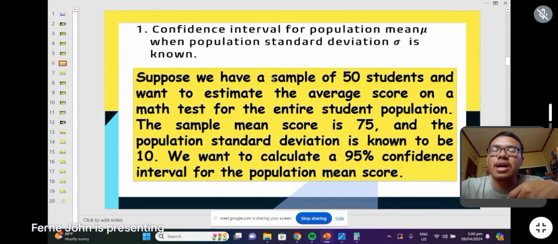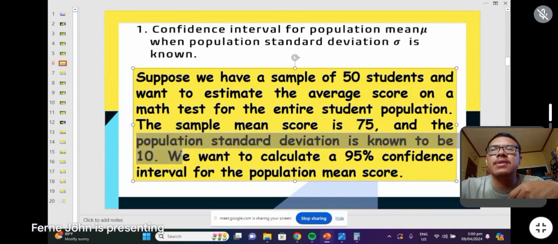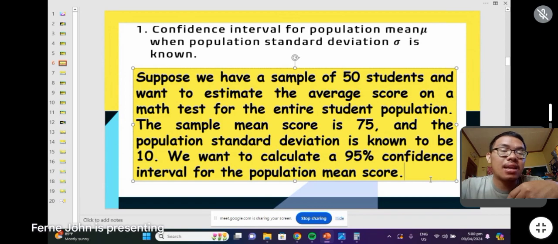For us to calculate this problem, we will identify first the given facts. The given facts are: we have 50 students as the sample size. We also have the sample mean score, which is 75, and we also have the standard deviation, which is 10, and we also have a confidence level, which is 95%.